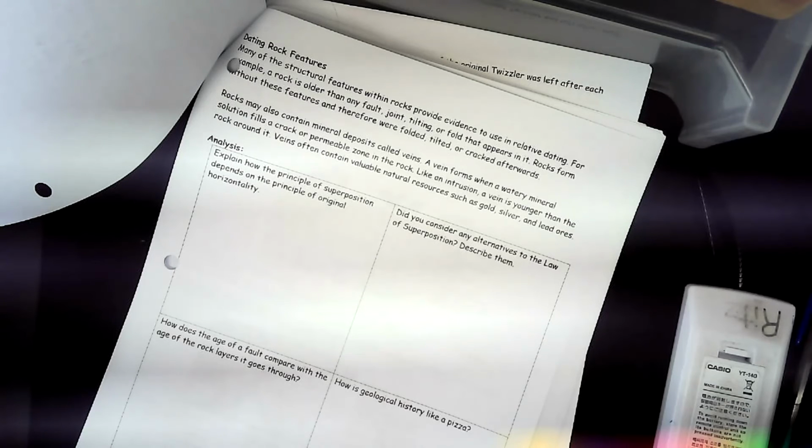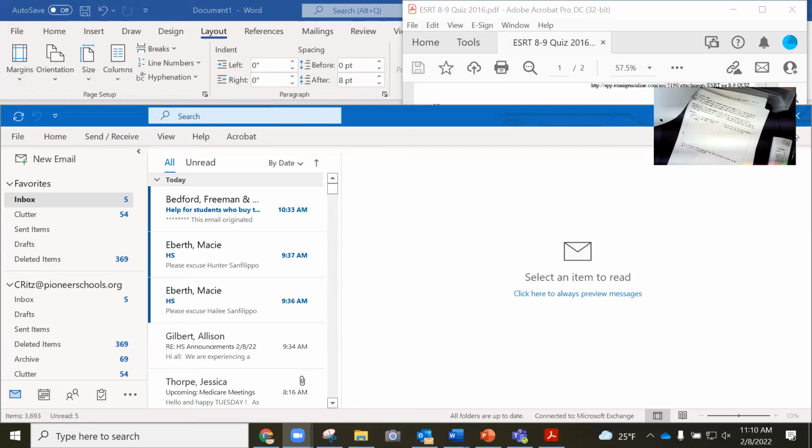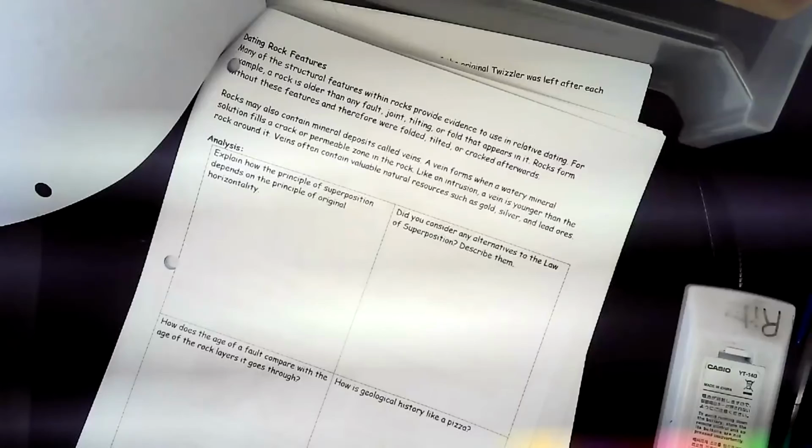So your homework is page 18. It's these 4 boxes. Whoa, where'd that go? Oh, struggling. Stop share. Page 18.